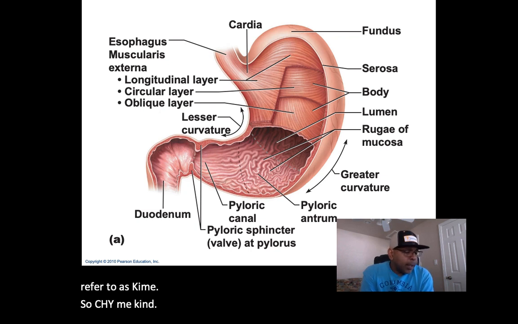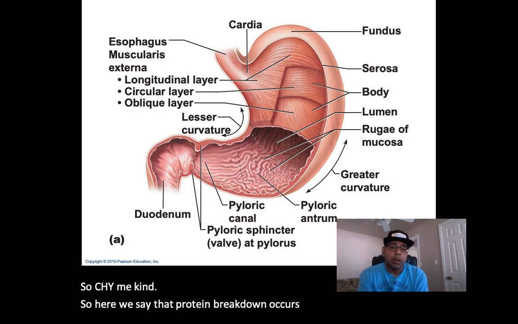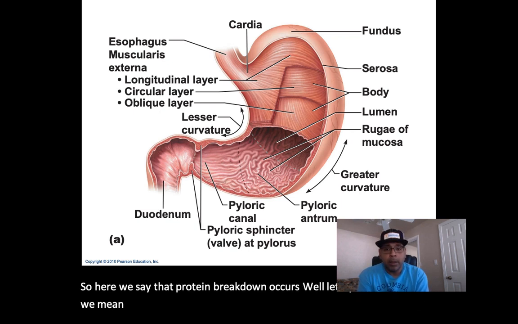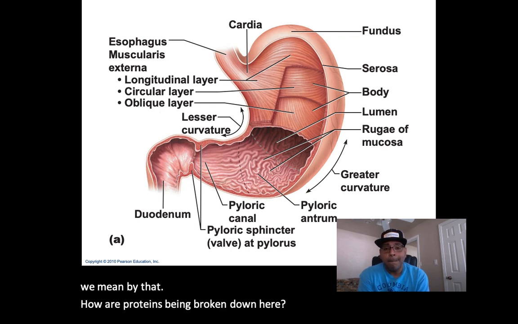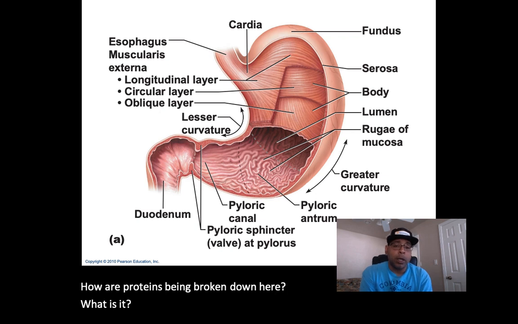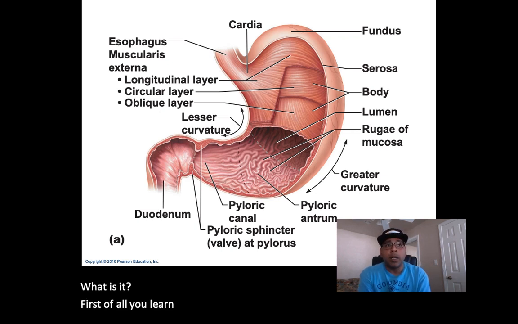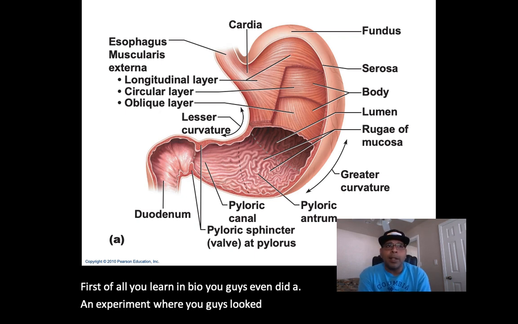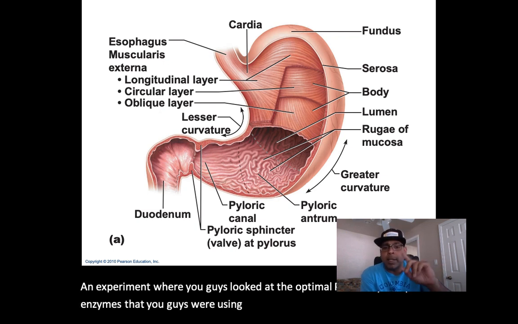So here, when we say that protein breakdown occurs, let's ponder: what do we mean by that? How are proteins being broken down here? First of all, you learned in bio, you even did an experiment where you looked at the optimal pHs for the specific enzymes you were using in Bio 100 and Bio 107.